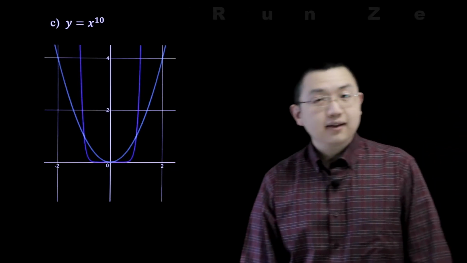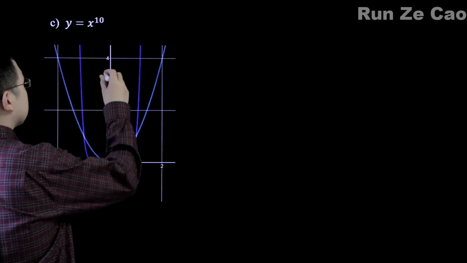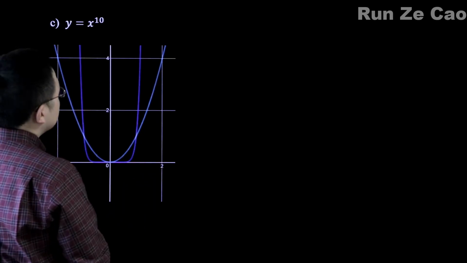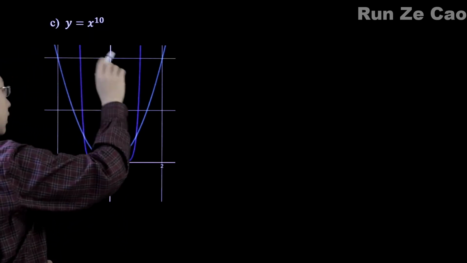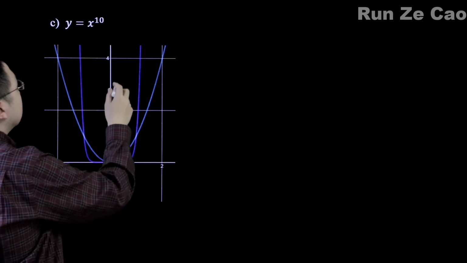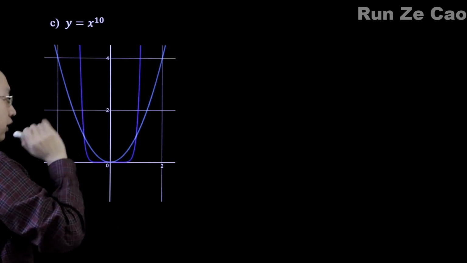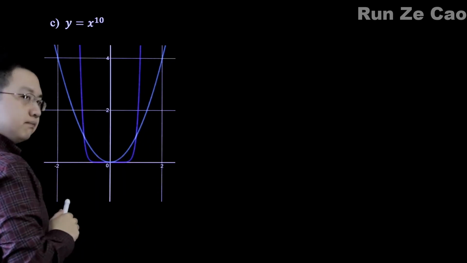Here we contrast x to the 10th power with, well, let's see. This is also a parabola, or rather, this is a parabola because technically parabolas are only quadratic. Let's say we didn't know it was a parabola. How could we figure this out? Oh, hey, this goes through (2, 4).